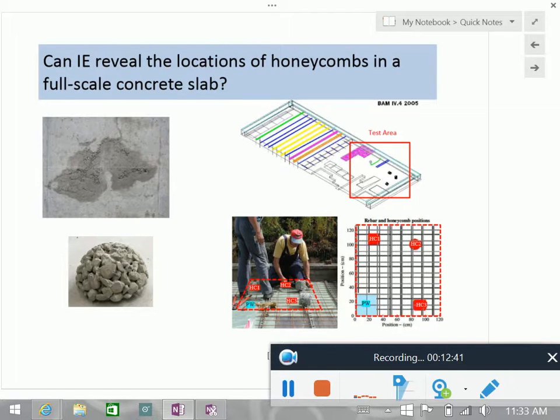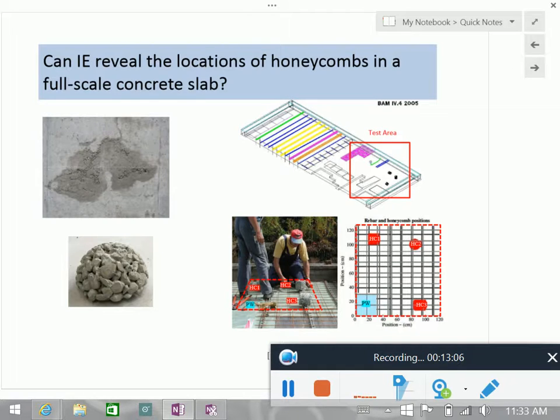So for those of you who are not in materials, honeycombing is when you are pouring concrete, you kind of have segregation. So you have just coarse aggregates, and there is not much fine aggregate in between. And so basically you have a collection of pores over a volume.